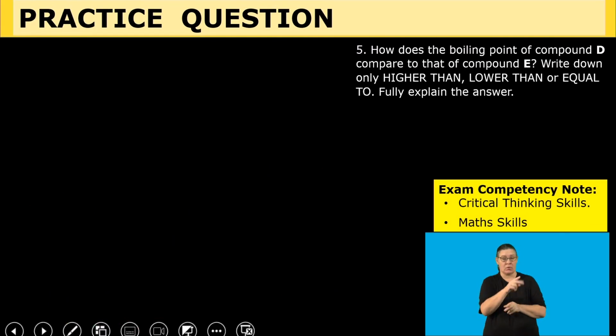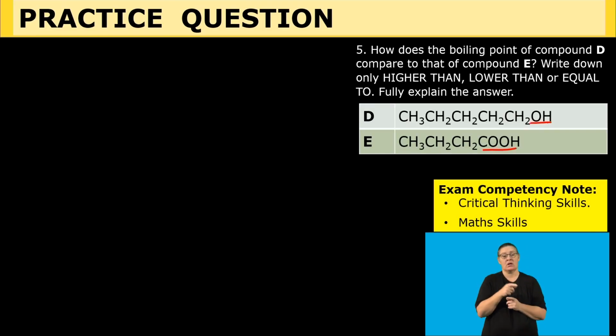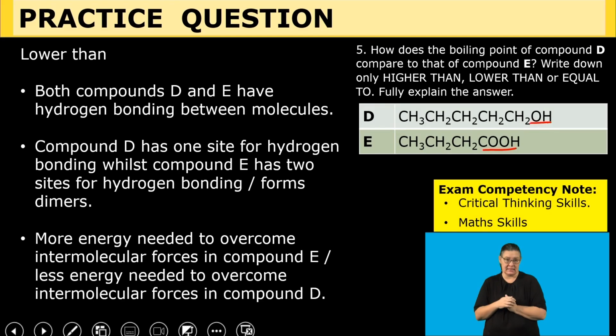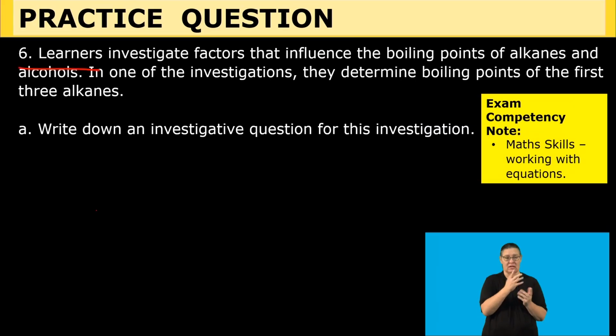In response to the question, we need to go back to it, alcohols versus the carboxylic acids. The question says, how does the boiling point of compound D compare to that of compound E? So compound D is going to have a lower boiling point as compared to compound E. So we start by answering the question.